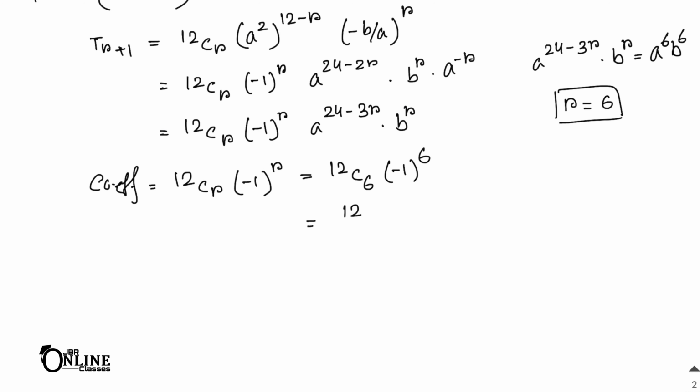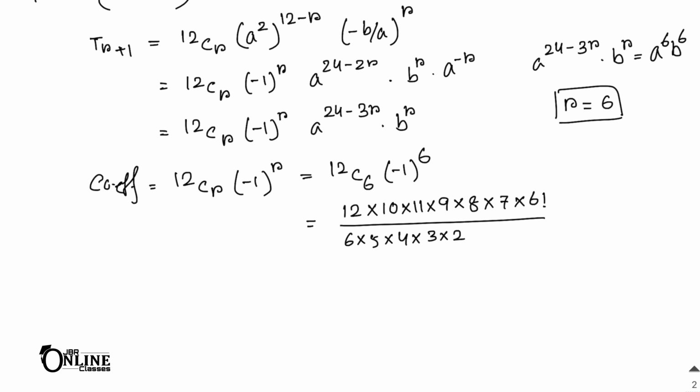So that means here 12 factorial. So 12 into 10 into 11 into 9 into 8 into 7, and into 6 factorial, then divided by 6 into 5 into 4 into 3 into 2 into 1, and again 6 factorial.